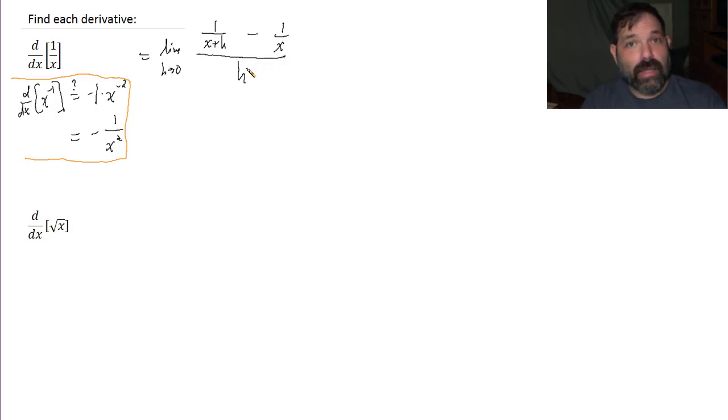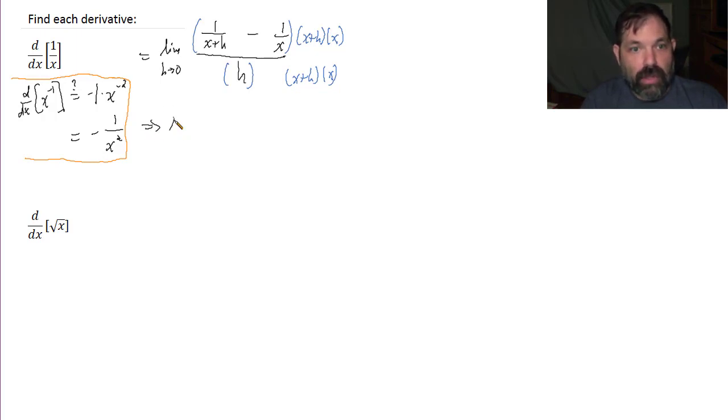We've seen a technique that we can use to simplify this complex fraction. I can multiply both numerator and denominator by a common denominator, by the factors of the common denominator. So I'm going to multiply both numerator and denominator by x plus h times x.